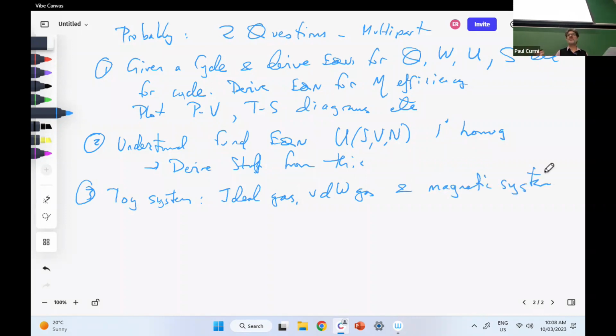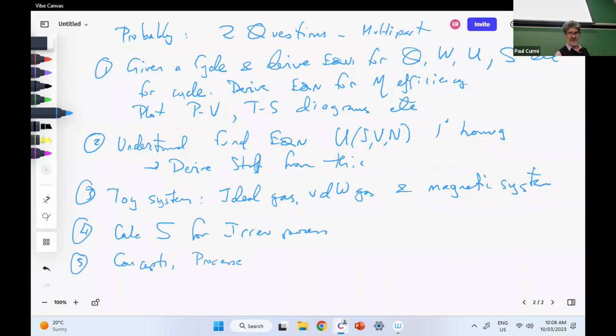Okay, the stuff we've done for those, you need to have some sense of it. 4, you need to be able to calculate entropy for irreversible process, as we've done a few examples of that. 5, probably I will ask you about concepts, processes, equilibrium, what this business dq means, dw, etc. And 6, you need to know Carnot. The cycle, theorem, etc.